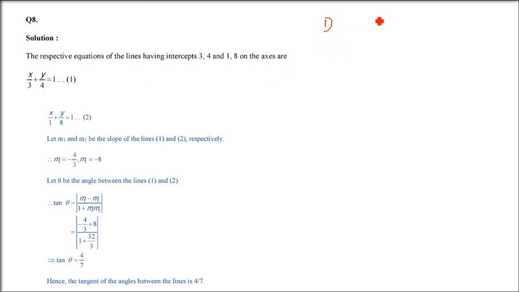If there is a line, this is a and this is b, x and y. We represent it using this. So a is 3, b is 4. For the second equation, a is 1 and b is 8.